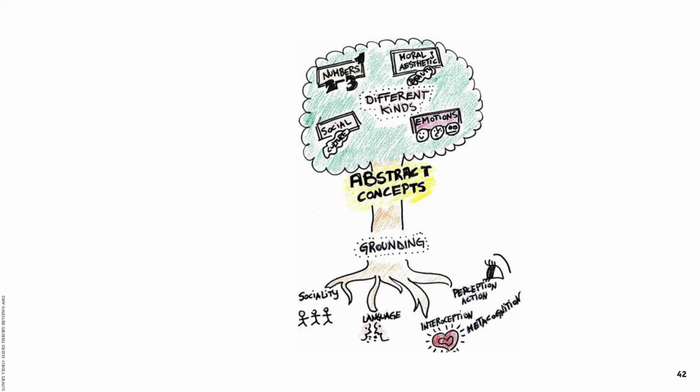And these tend to have a grounding, so maybe in sociality or in language or in our interpretation or metacognition or perceptions. So we can lay out these various concepts to try to get an understanding of where these came from. What are they grounded in?